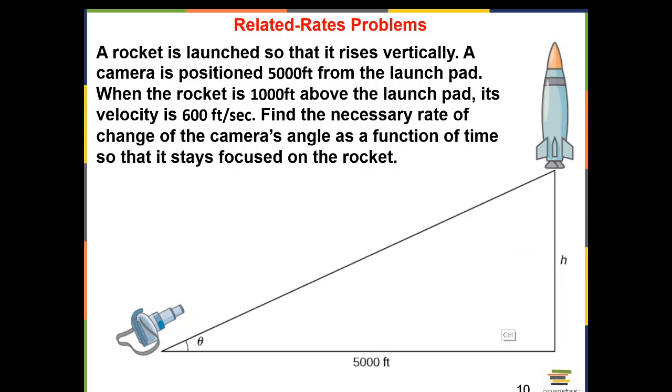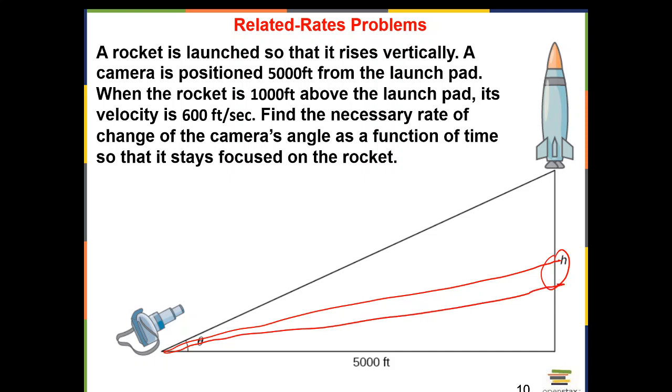So you see, the rocket is going up here, could be over here, and the angle would be that much, or it could be over there, and the angle is that much. So you see, the angle is actually changing, right? So one variable that is changing is theta, and it is a function of t.